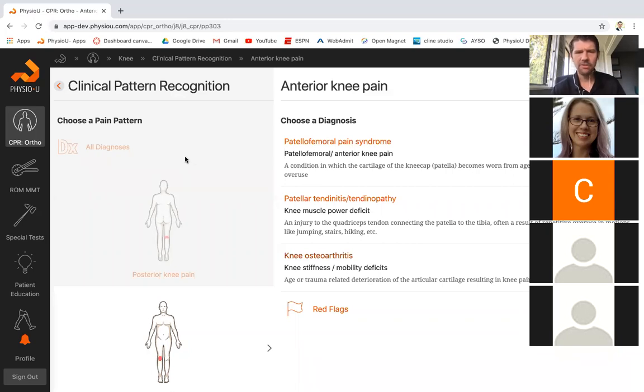How about red flags? What do you guys think about red flags? For someone with anterior knee pain, what do you think would be something that should be in the back of our mind?